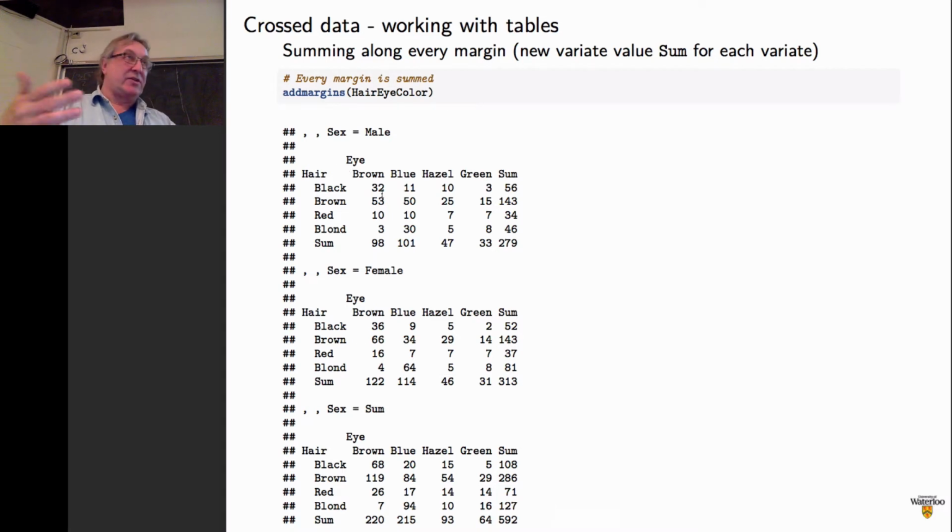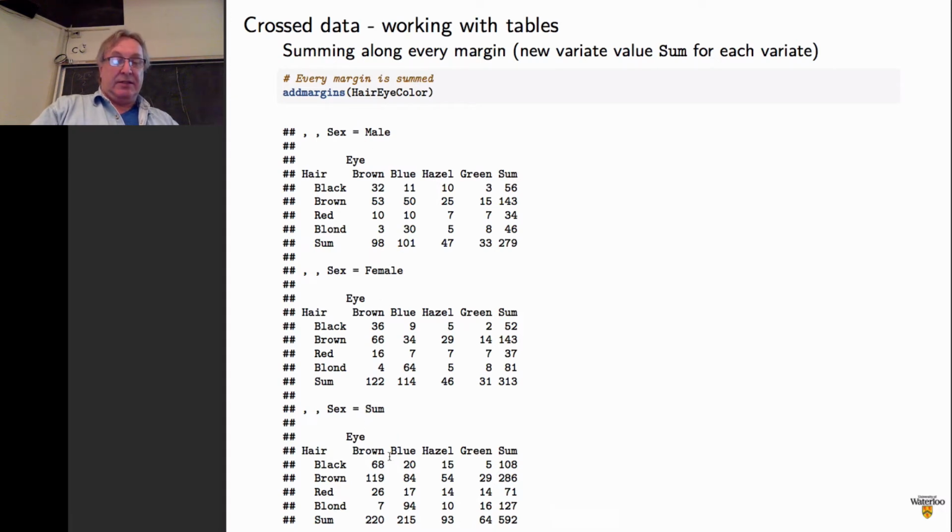But I've got an extra value on each of these, in that on eye color, I've got a value sum, which is the sum across all of those eye colors. And similarly, for hair color, I've got a sum. And over the third variate, the sex, I've got male, female, and a value sum.